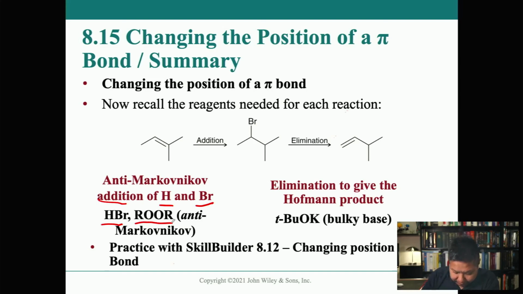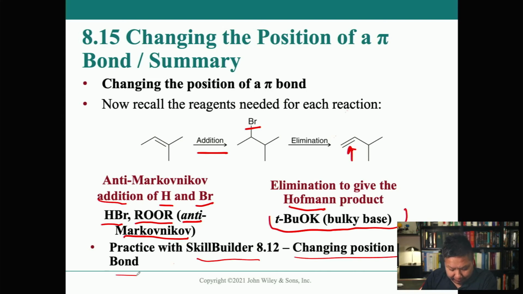Even trace amounts was enough to get an anti-Markovnikov addition of the bromine, as you can see here. Then, like I said in the previous slide, if you want a Hoffman product, which is a double bond towards the end, all you have to do is make sure you have a bulky base, like tert-butoxide. Okay. So practice with Skill Builder 8.12, changing the position of a pi bond.